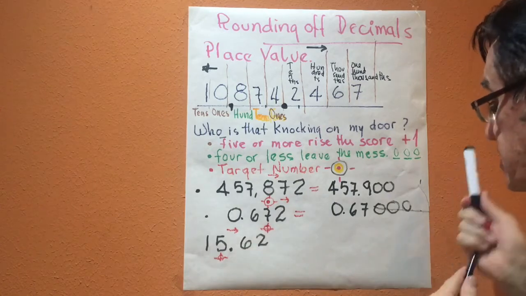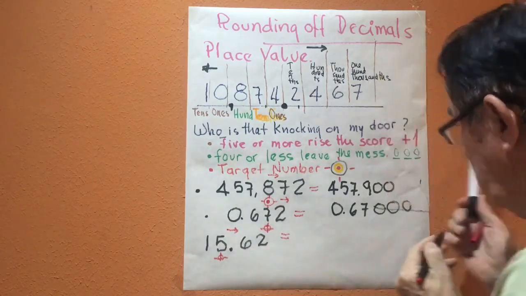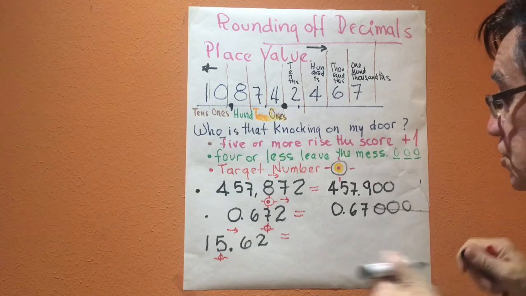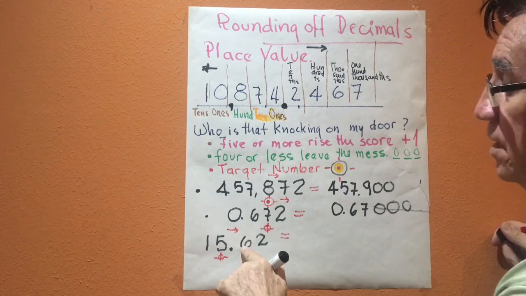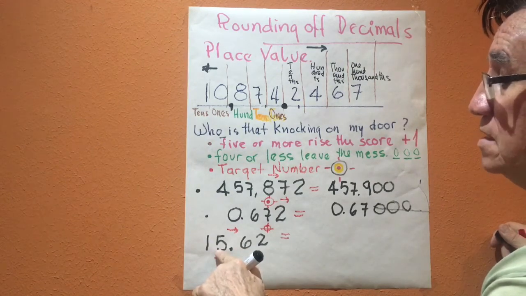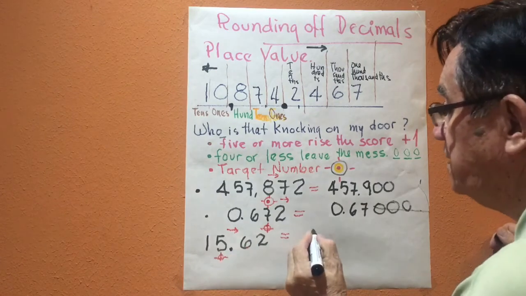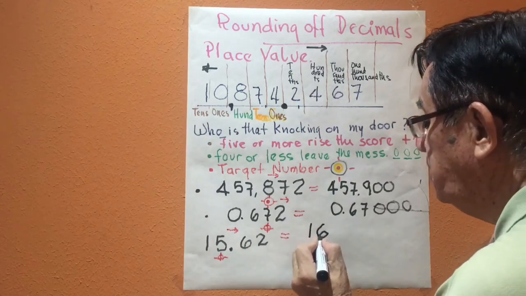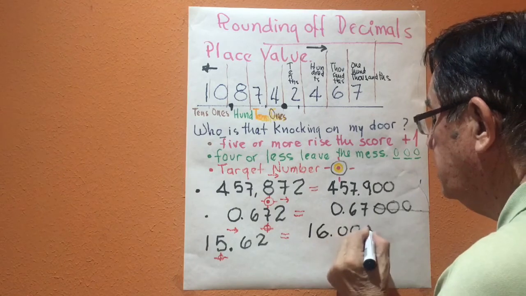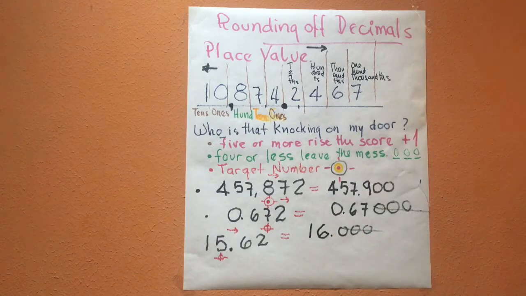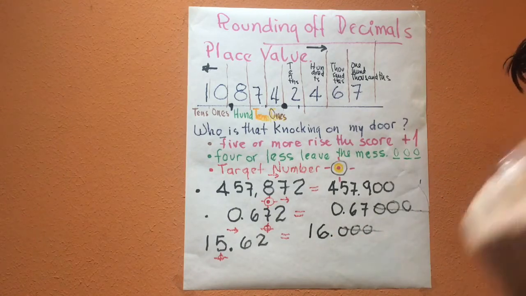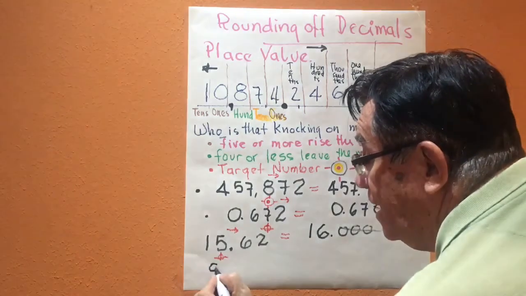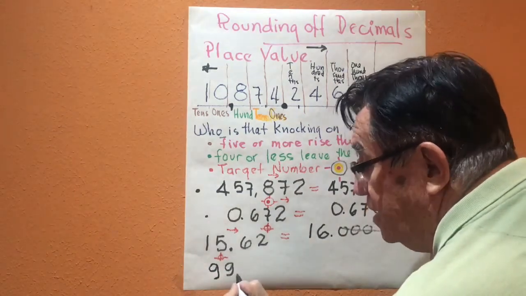So that means that my number is going to change. Since this is bigger, 5 is going to change to 6. So my number will be 16. And again, it doesn't matter how many zeros we have.